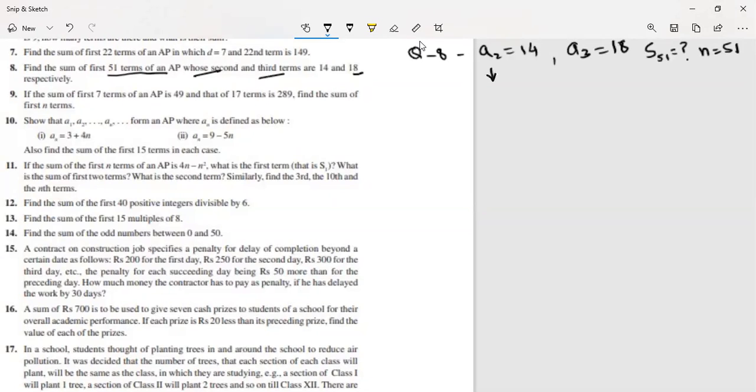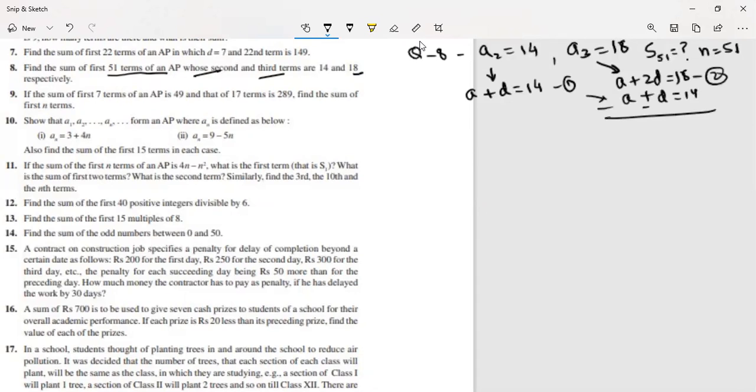A2 means A plus D. A plus D is equal to 14, equation number 1. And A3 means A plus 2D. A plus 2D is equal to 18, equation number 2. From 2, subtract the first equation.